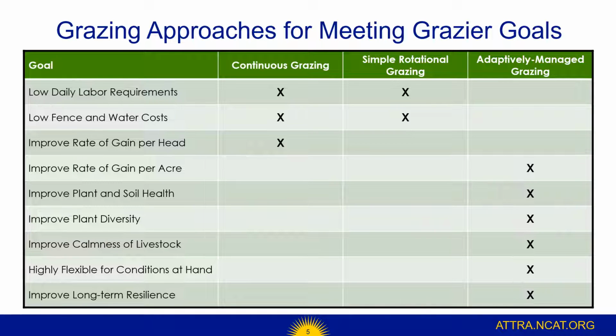Whereas when we start looking at something that's using more improved management, something that's adaptively managed, where you're putting the animals through a series of multiple paddocks and moving at the rate at which plants are regrowing so that you don't overgraze, that's going to be much better from a rate of gain per acre standpoint.